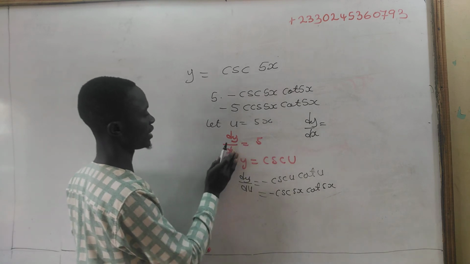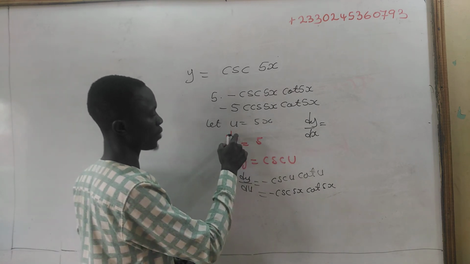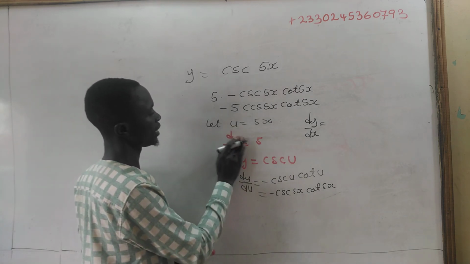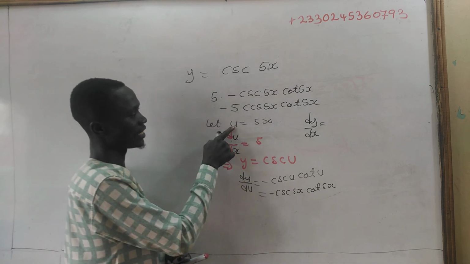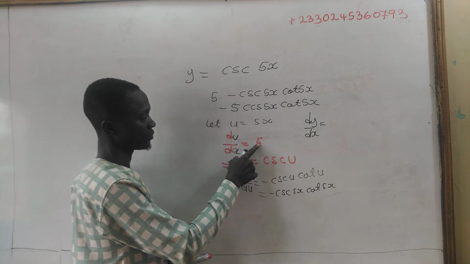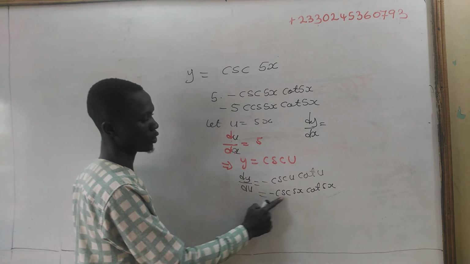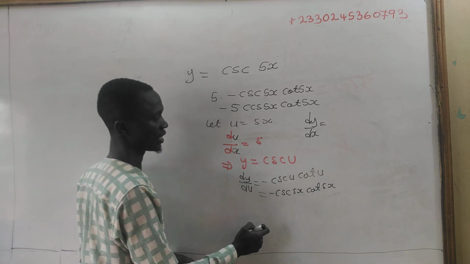And dy on dx will be equal to du dx times dy du. That is du dx is 5, and dy du is minus cosecant 5x cotangent 5x.